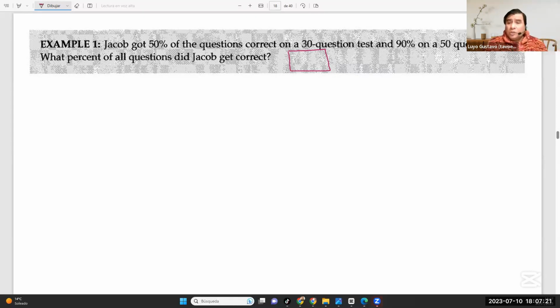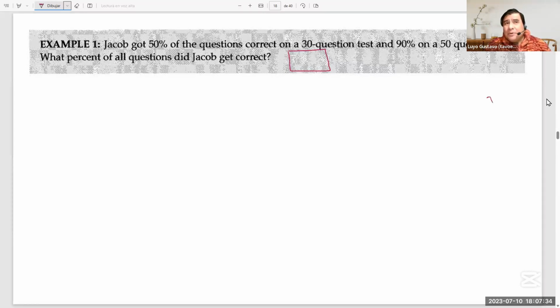As you solve this one, let me tell you something about the format of this question. When we talk about a percent, it's a number, for example X, accompanied by this symbol that we all read as percent, X percent. But indeed, the percent itself is this number. What we call percent in math is this part.